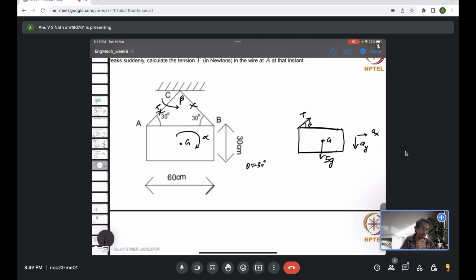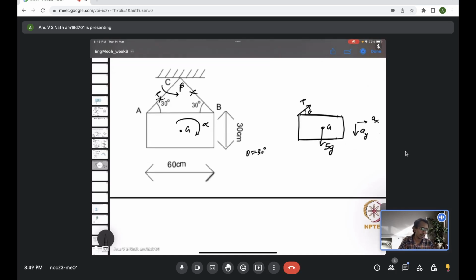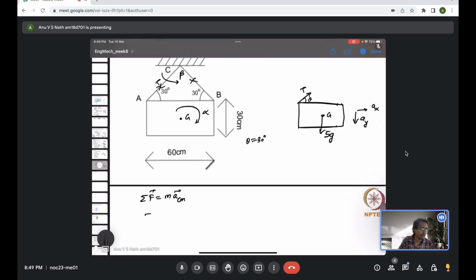Now again we write the force balance equation, sigma F, the net force, equal to mass times acceleration of the center of mass. So the horizontal force T cos theta equals the mass of the body times acceleration in the x direction. Remember theta is known, so I should put the value here: T cos 30. The vertical force is T sin 30, which is acting upward.